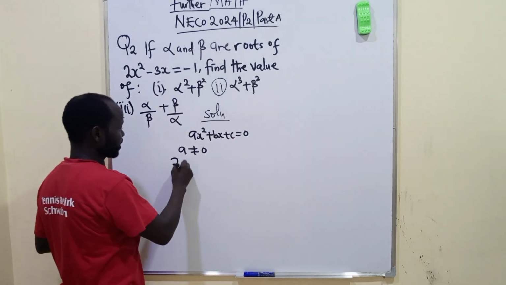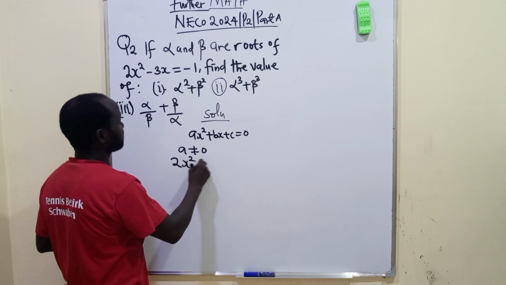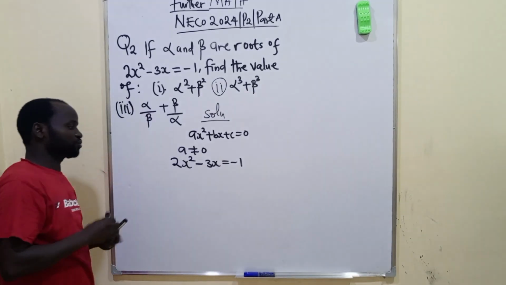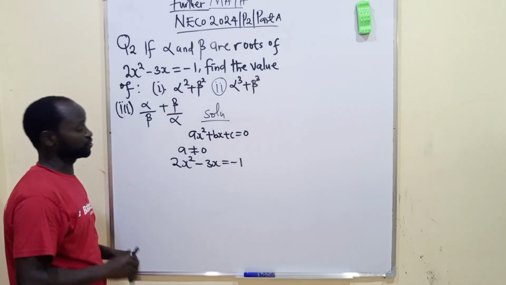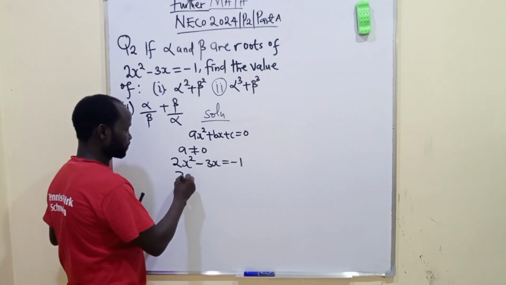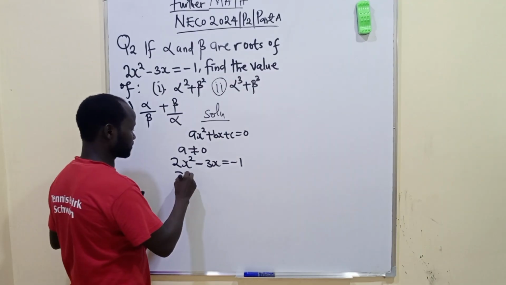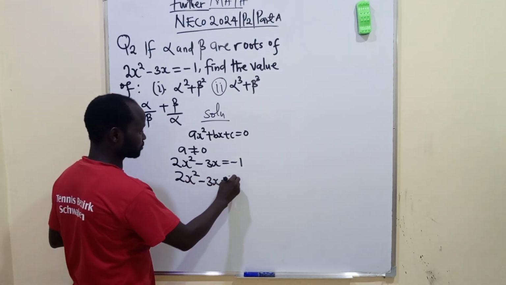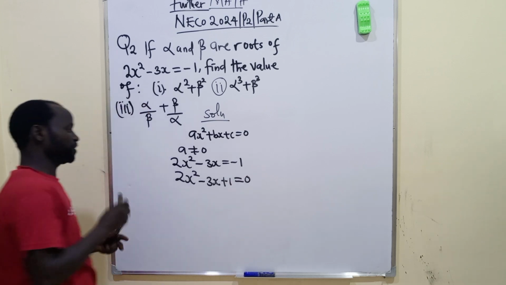So we have 2x squared minus 3x equals minus 1. This was the equation that was given to us from the question. To rearrange this to look like the standard form, it will be 2x squared minus 3x plus 1 equals 0.